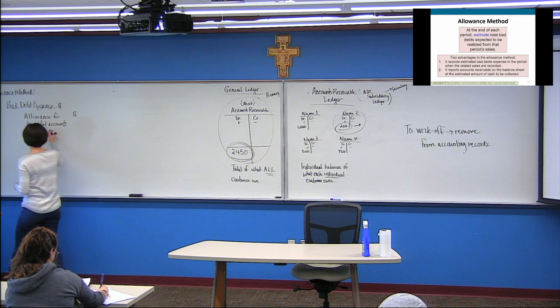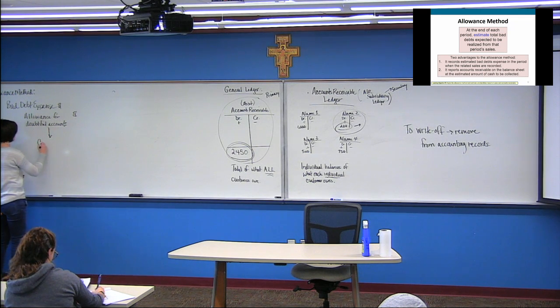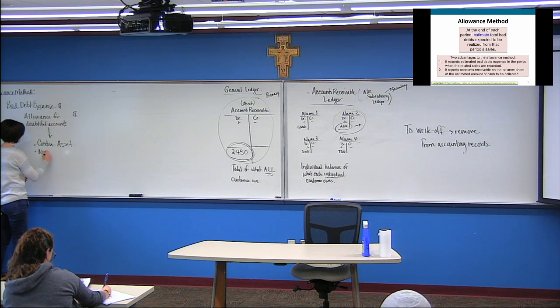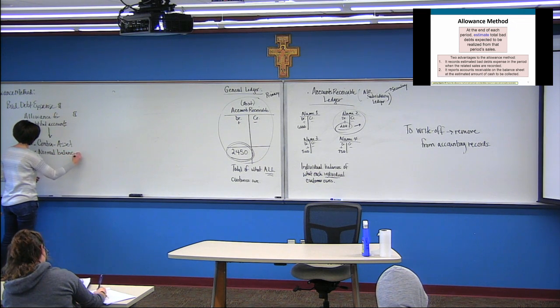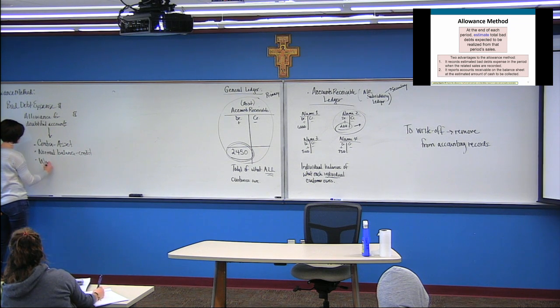The allowance for doubtful accounts is a contra asset. Its normal balance is a credit. And it works against accounts receivable.